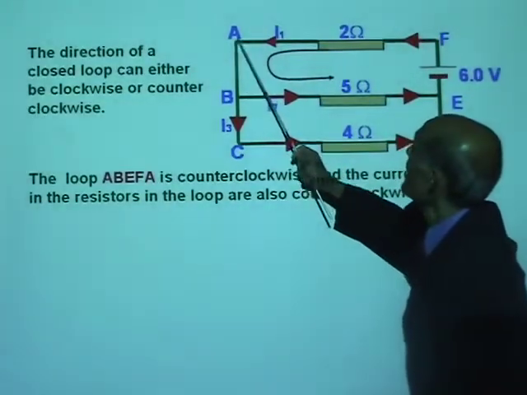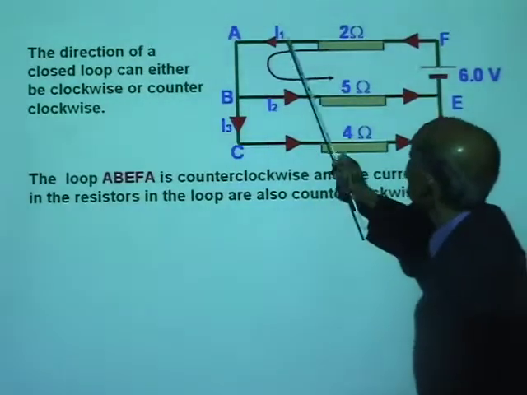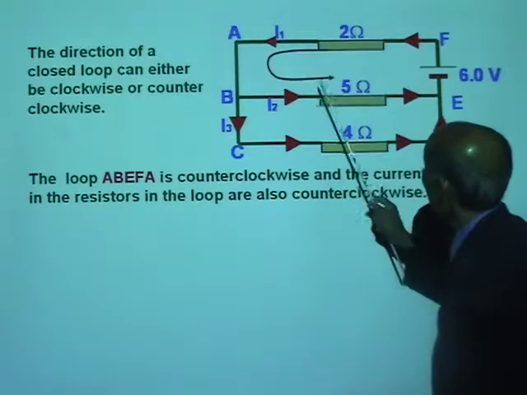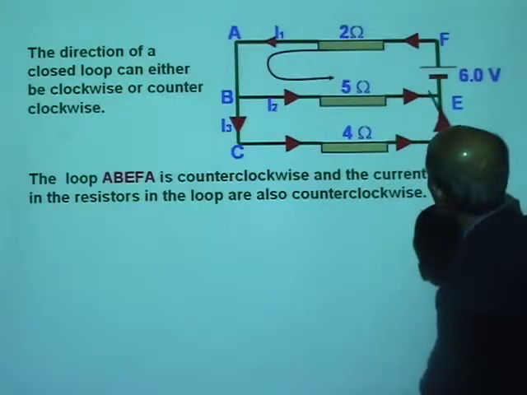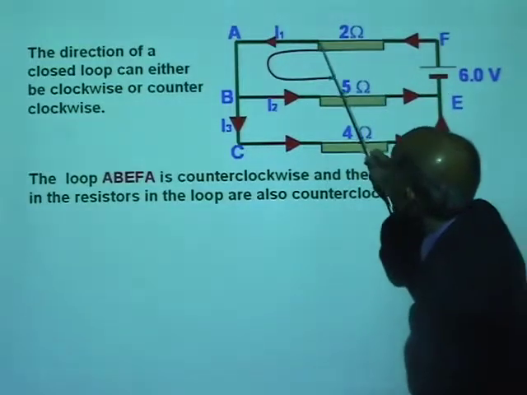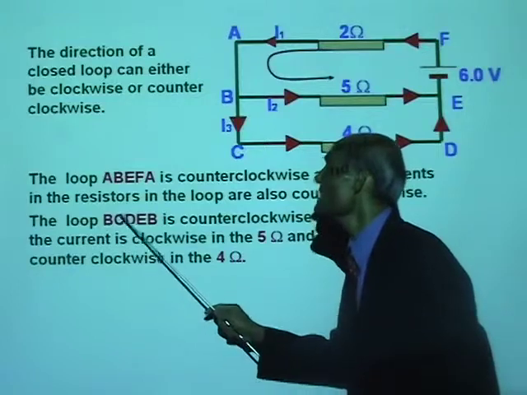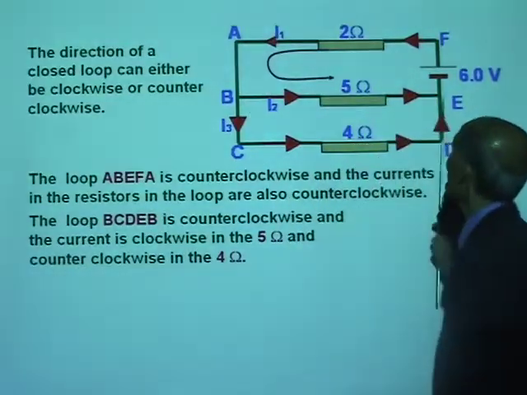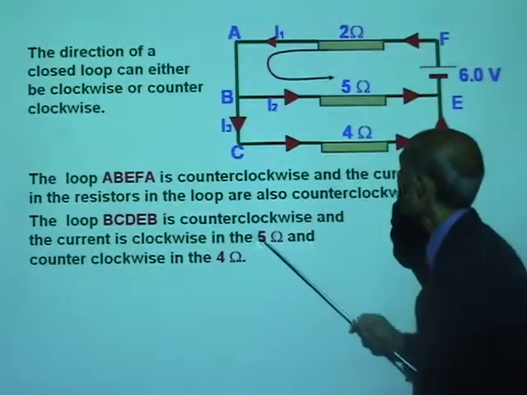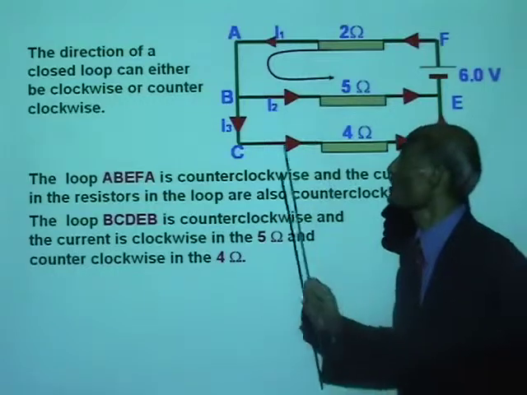So the closed loop A, B, E, F, A is counterclockwise, and the current in that loop, I2, flows in the same direction, and I1 also flows in the same direction. Now the loop BCDEB is also a counterclockwise loop, but look at the current.